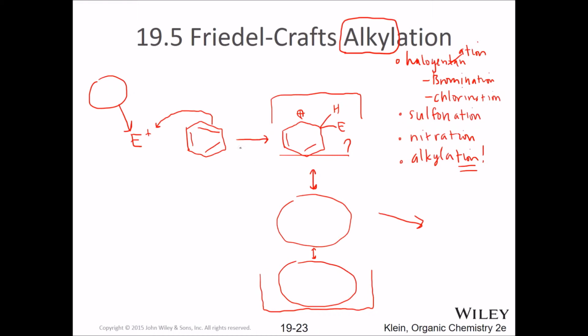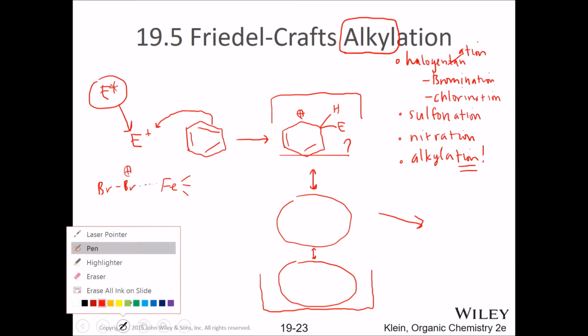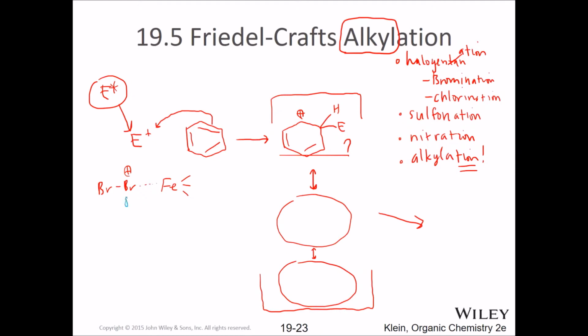So anyway, it's been the same thing every time. We've been making our electrophile. Sometimes I say maybe E star. I'm making up notation here, but something prior. In the case of bromine, the E star was simply bromine, and then it complexed with iron 3 bromide, right? This put a formal charge right here, which was practically shared between these two guys, right?